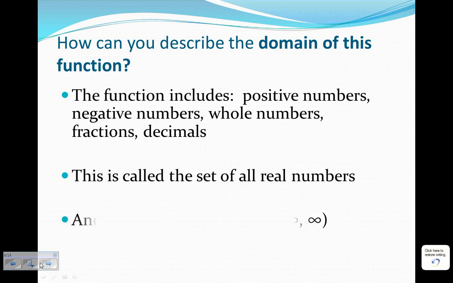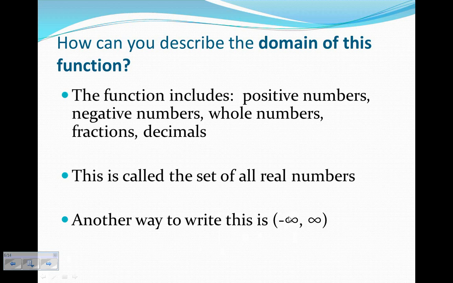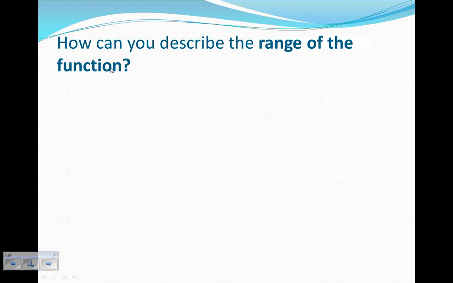Another way to write this is, with the sideways 8, negative infinity to positive infinity. Domain of the function. The function is something that the calculator sees. It does not apply meaning to the numbers. So to describe the range of the function, the range is the y, that y number.